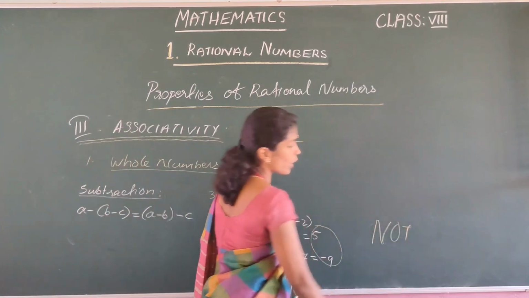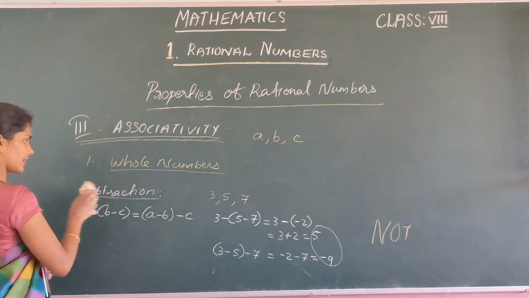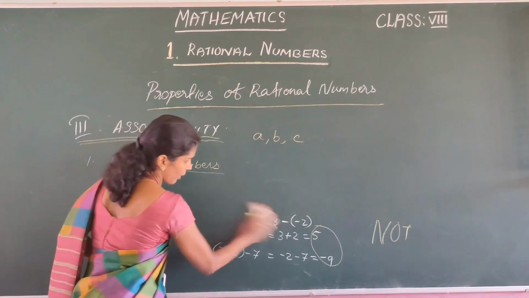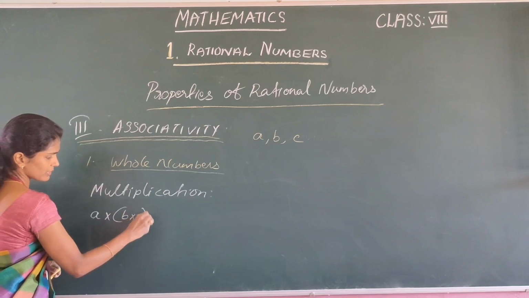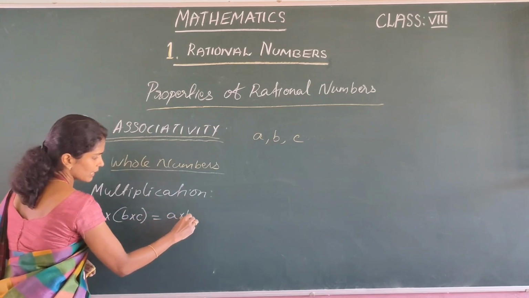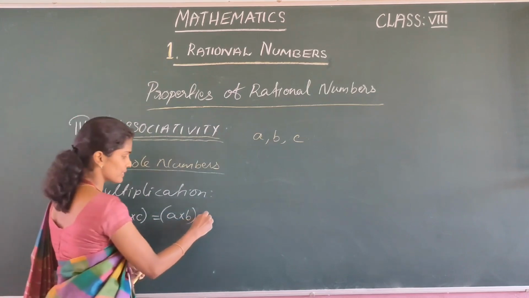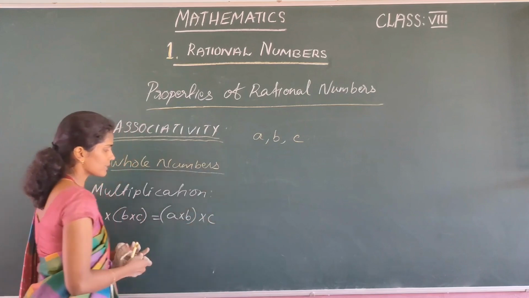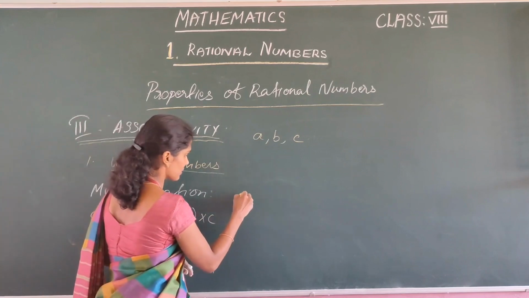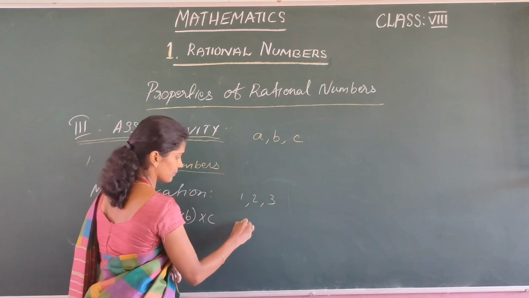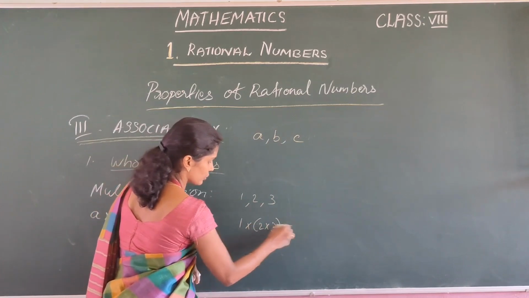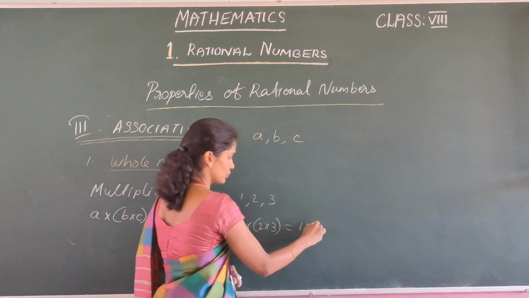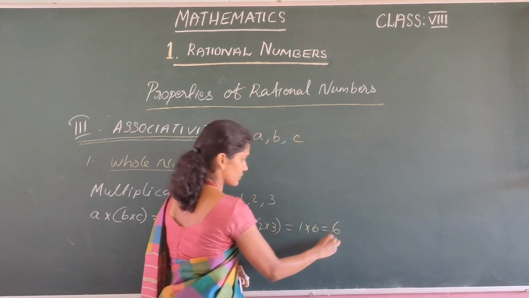This is not associative. In the case of multiplication, what happens? We want to check whether (a into b) into c is equal to a into (b into c). Take any three numbers. Take 1, 2, 3. 1 into (2 into 3) is equal to 1 into 6, that is equal to 6.